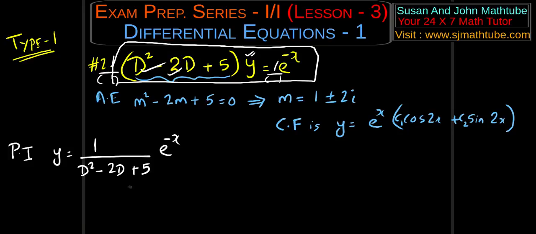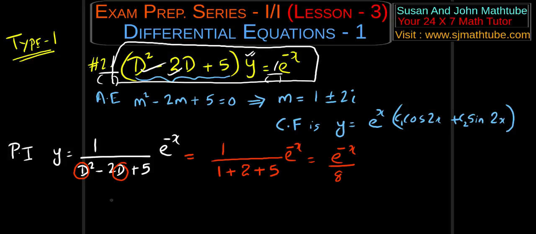And I told you the method is very simple. Just replace D with whoever is along with x, that is minus 1. So 1 by minus 1 the whole square, and then 2 into minus 1, and then we have plus 5, of e power minus x, and that will be e to the power minus x by 8.